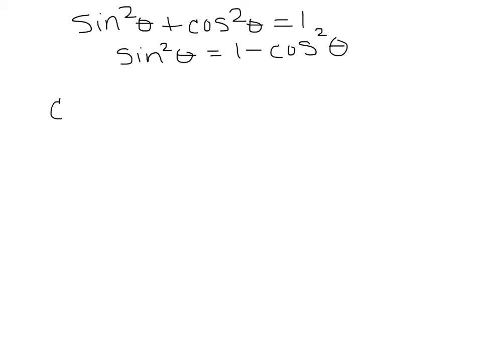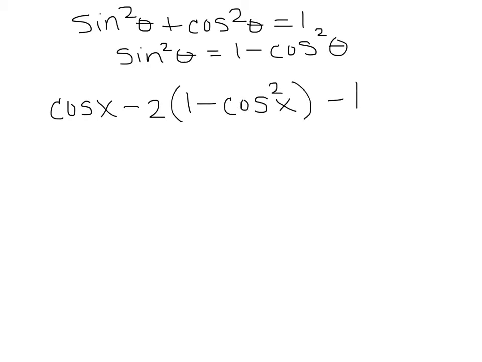So we have the cosine of x minus 2 parentheses. Substituting, I have 1 minus the cosine squared of x, minus 1. Let's distribute the negative 2 through. We have the cosine of x minus 2 plus 2 cosine squared x minus 1.